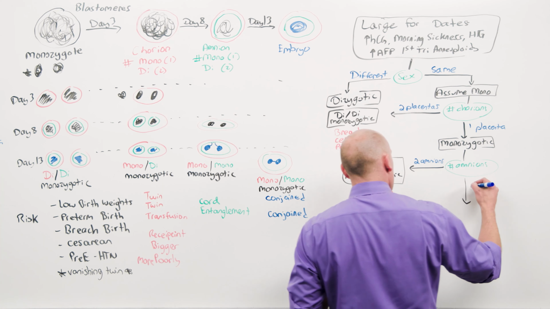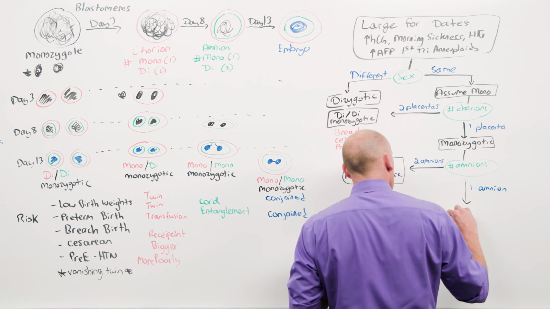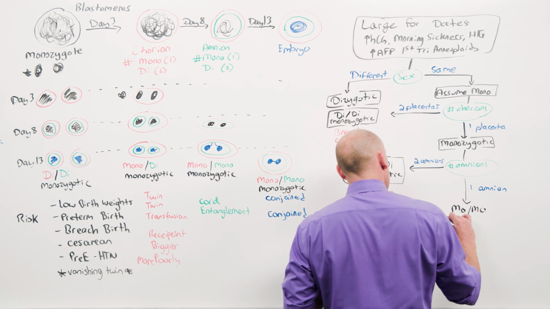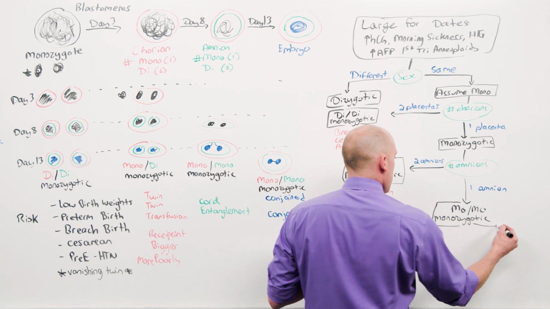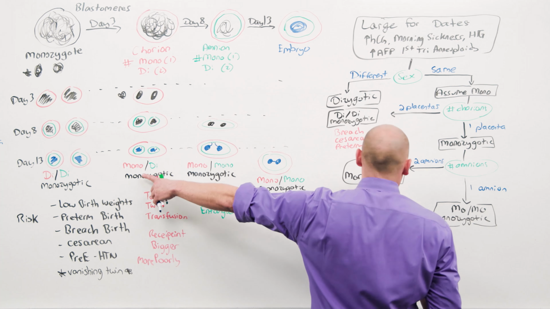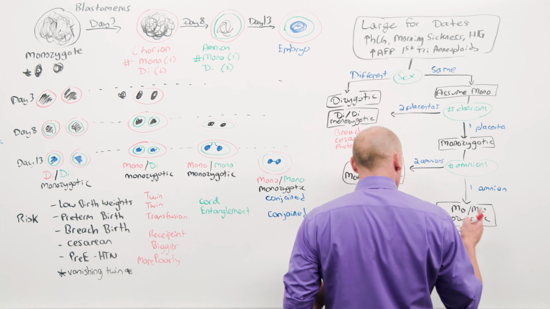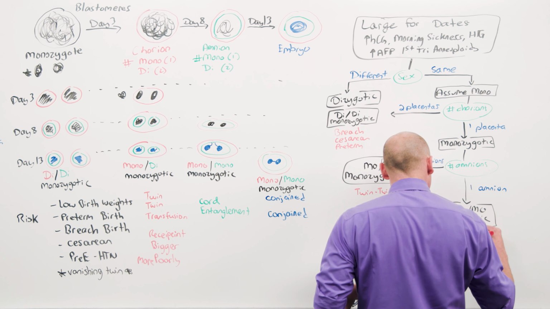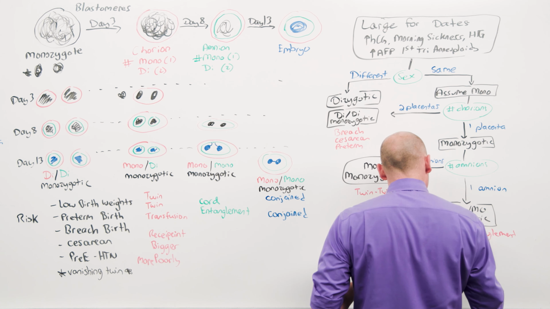If there is only 1 amnion, you have a mono-mono monozygotic. This is how you're going to see it. This is how I write it. The extra risk associated with monozygotic is going to be cord entanglement and opportunity for being conjoined.